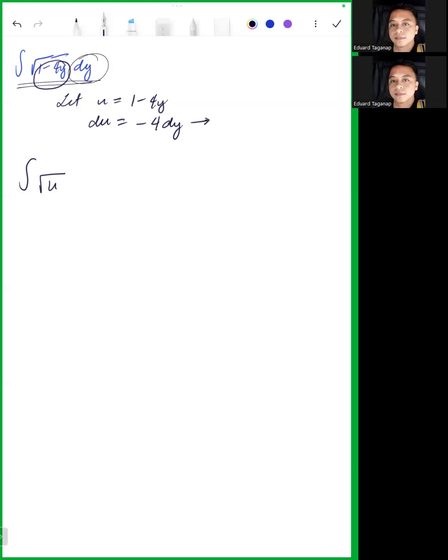From this equation, we'll have dy equal to du over negative 4. So we now have a constant, which is negative 1/4. We factor that out, and we write our integrand as u raised to 1/2 so we can easily apply the power rule.